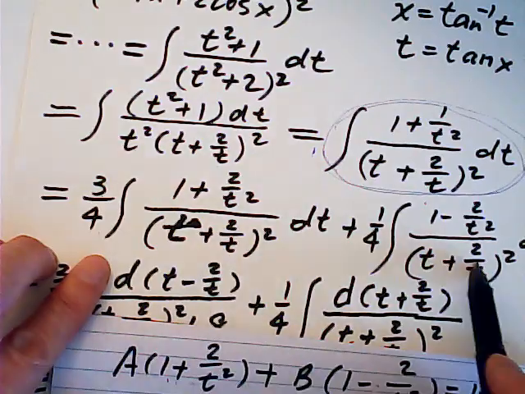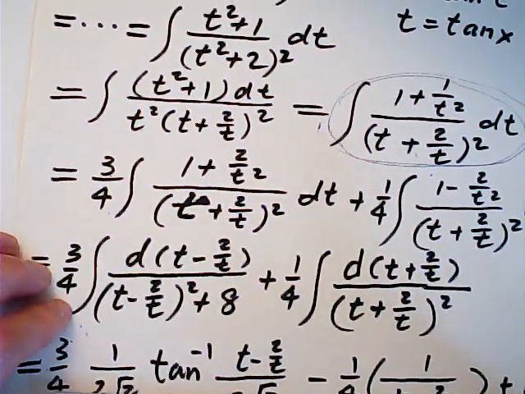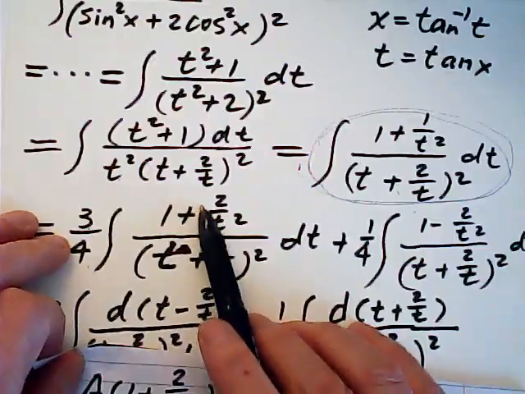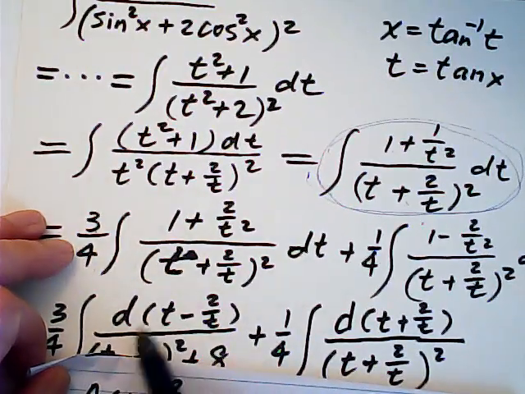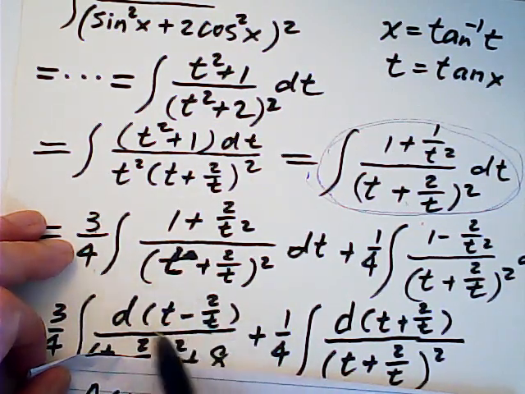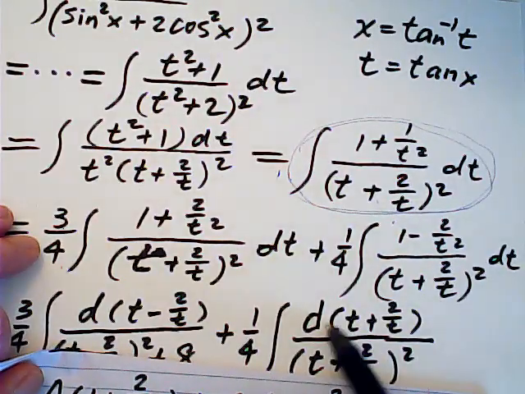Okay, the denominator is this, right? Now then, for this one, I can write dt minus t2 over t. This derivative is this. This derivative is that.